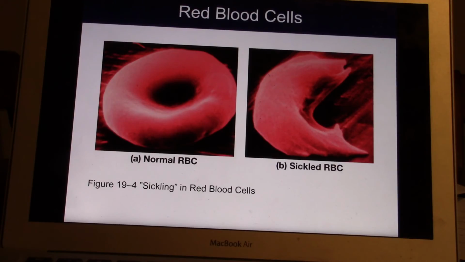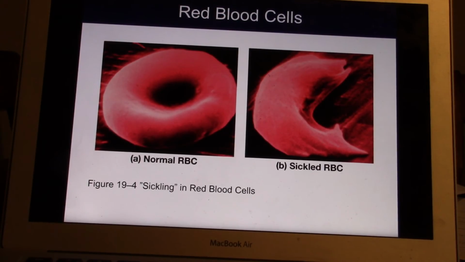The other thing you learned about in 112 that's important to think about is there's a small percentage of the population that has what's called sickle cell hemoglobin, or sickle cell disease, meaning they are homozygous for sickle cell hemoglobin.